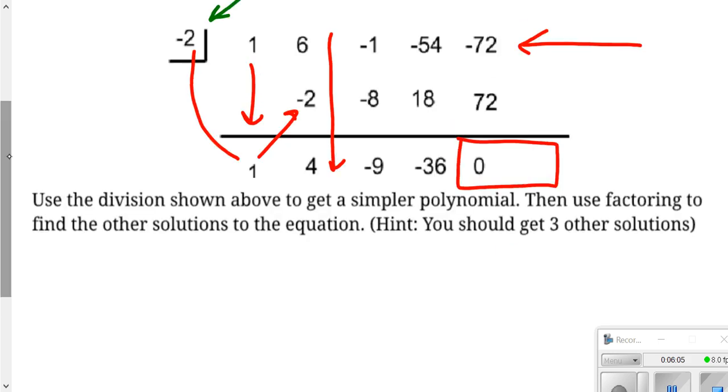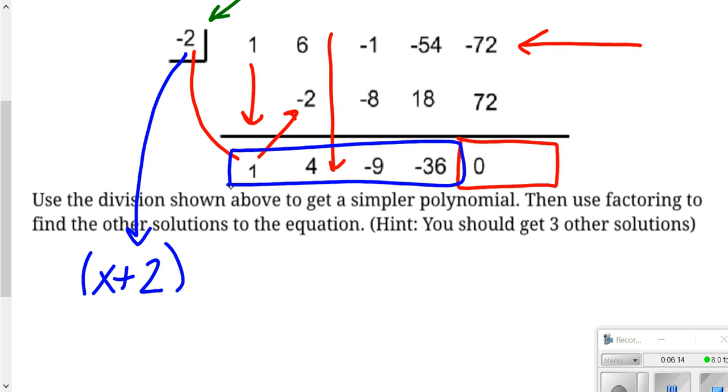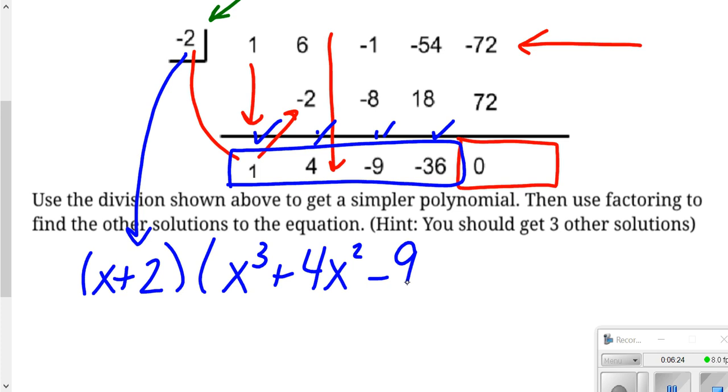The skybox being -2 means x plus 2 is a factor. This part, constant, x, x squared, x cubed. I start with x to the 3rd plus 4x squared minus 9x minus 36.